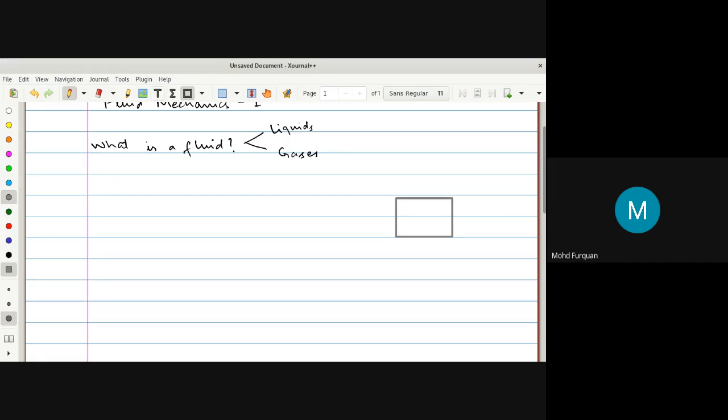Okay. And then suppose you have some fluid here. Of course, to have that fluid, you need a container. You can't keep your fluid like a solid. So you can have a container here.